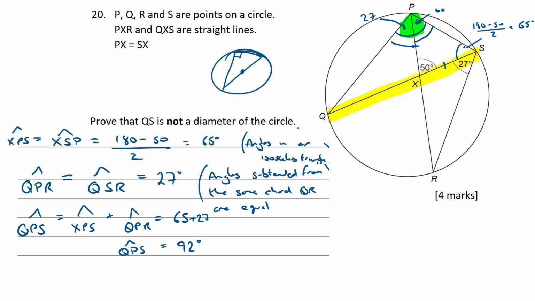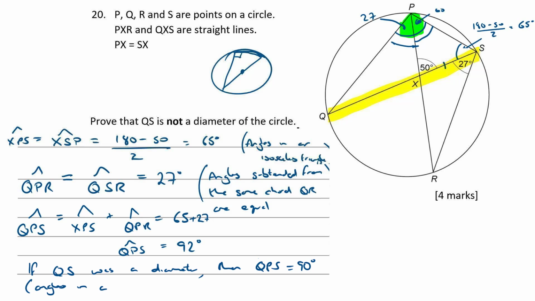So if, what side was it? It was QS. If QS was a diameter, then QPS would be 90 degrees because angles in a semicircle are 90 degrees. And it isn't.